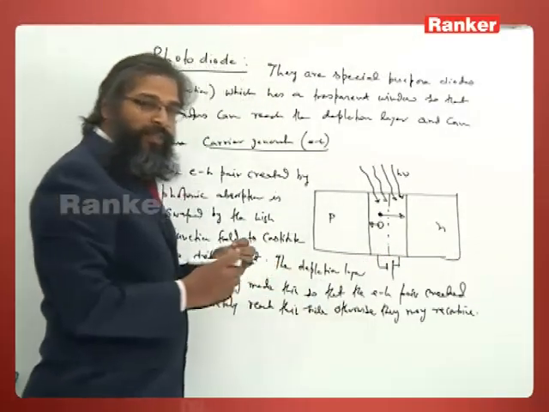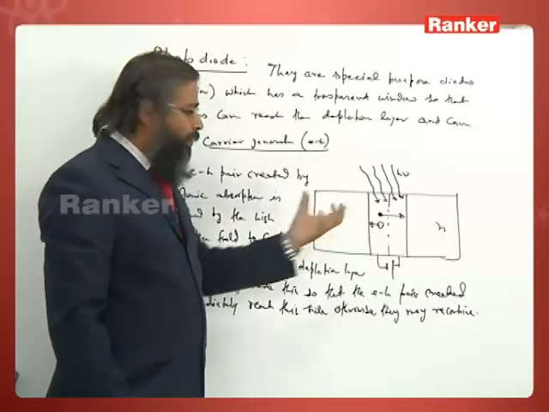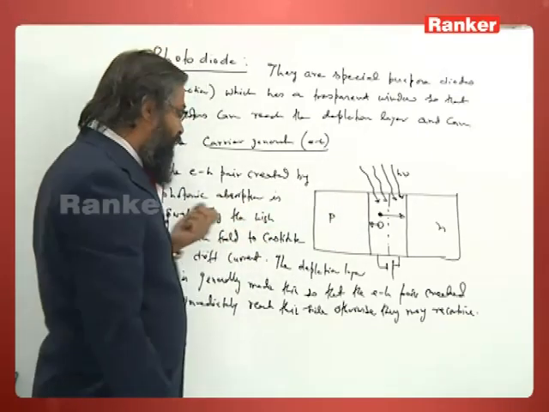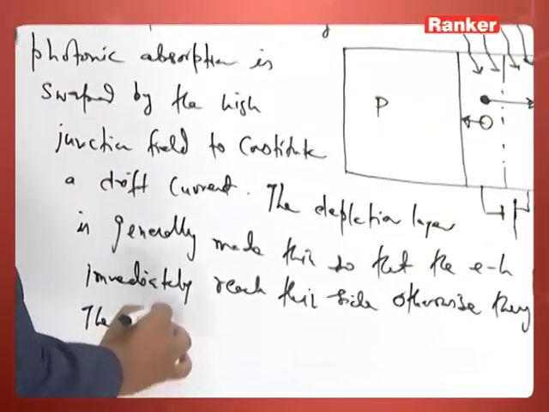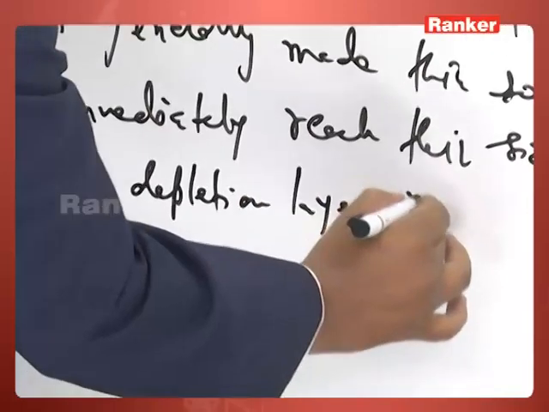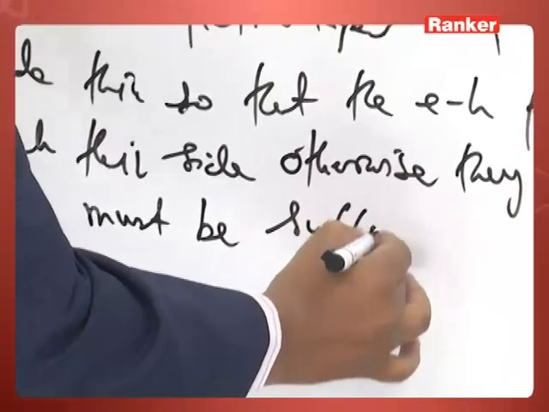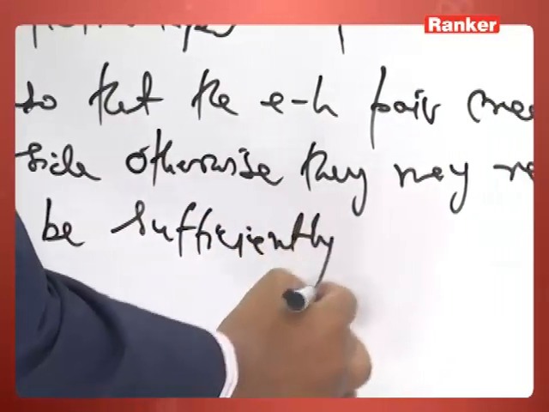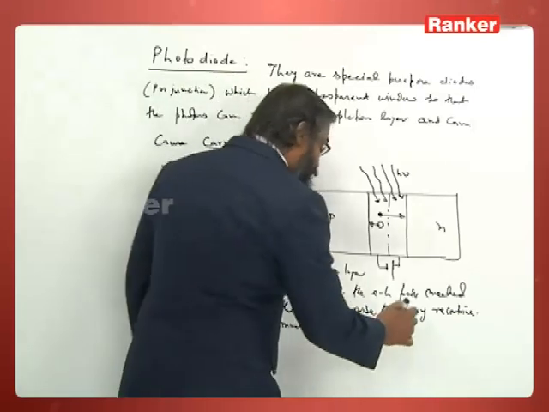So, before they recombine, they must reach their destination. So, depletion layer has to be made very thin. Now, the depletion layer must be sufficiently thin and thick also.